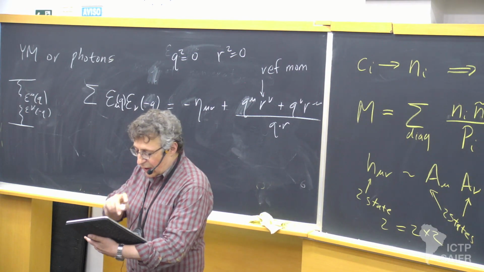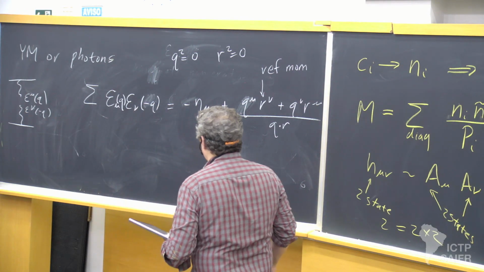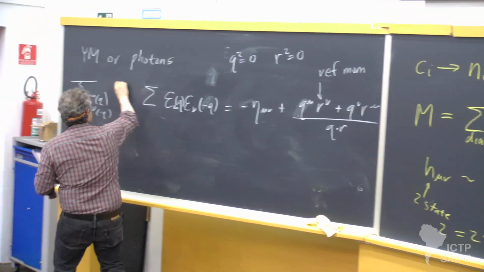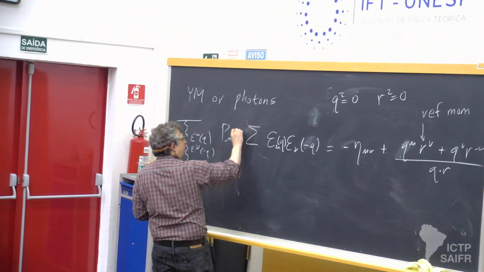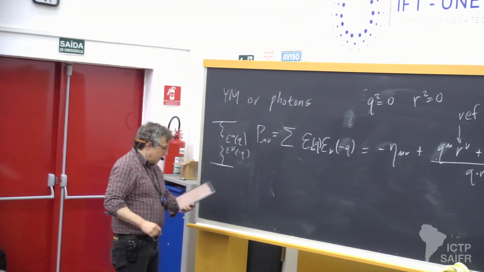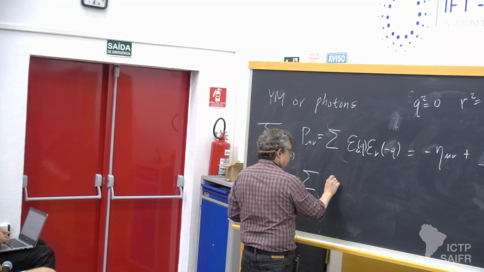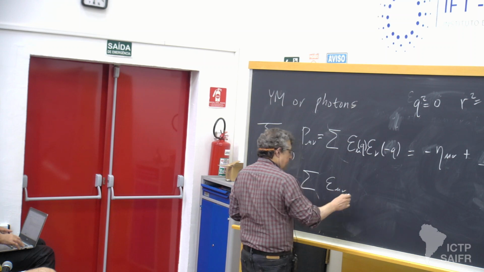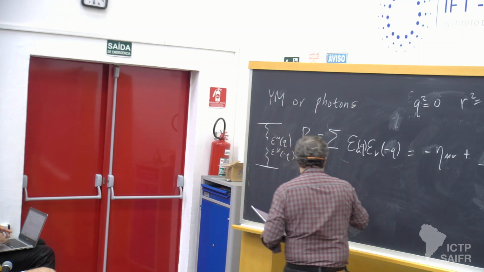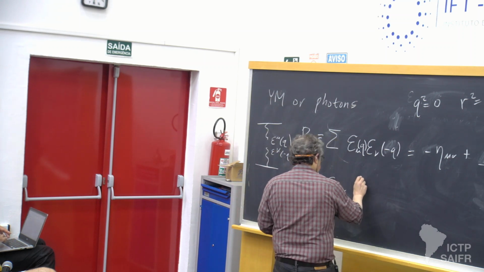Okay, so gravitons, what are they? We can do the same thing. Let's call this thing P mu nu. It's a projector. You shouldn't be surprised what it looks like, because we have to remove additional degrees of freedom.